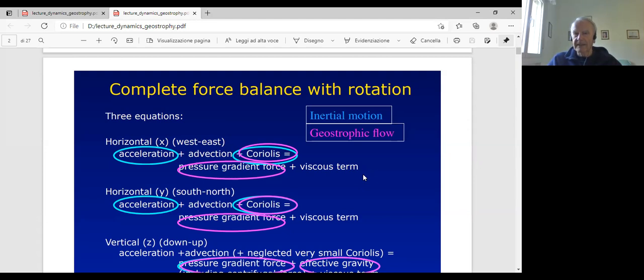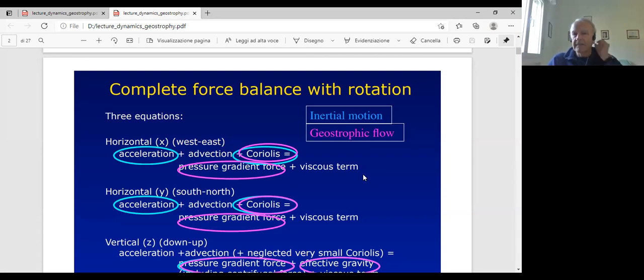So again, we will be keeping the non-linearity of our system. We'll be keeping the Coriolis force, pressure gradient force, and neglecting the viscous term. So our motion is steady, doesn't contain any time dependence in it. Our motion is non-viscous, and our motion is linear.